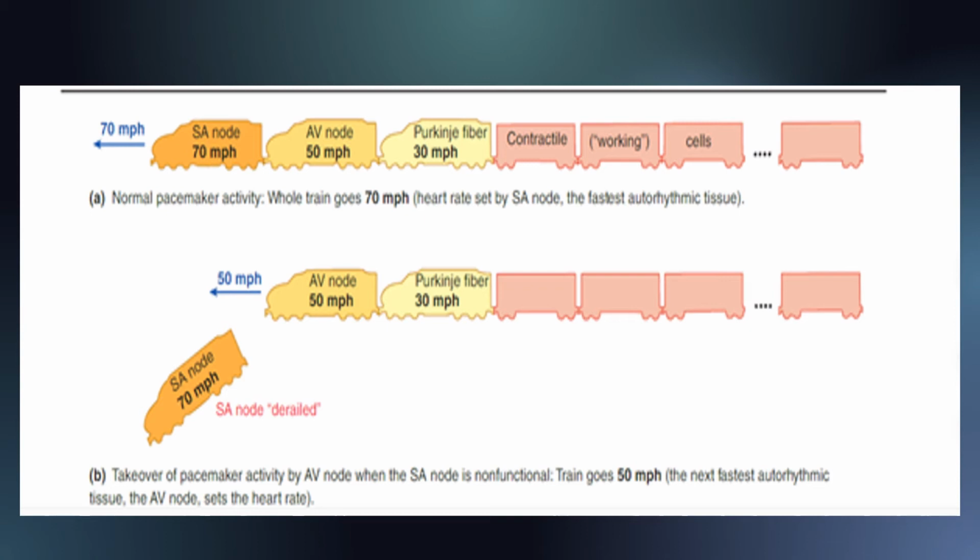Say that the SA node for some reason derails. The first car derails for some reason or another. Then what's going to happen, like I showed you in the other picture, is the AV node, that car, is going to have to take over. In this analogy, that car has a rate of 50 miles per hour. So it's going to pull all of these other cars at that rate, 50 miles per hour.